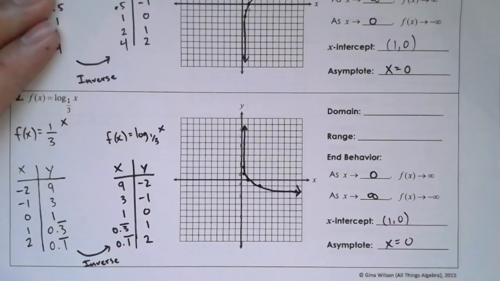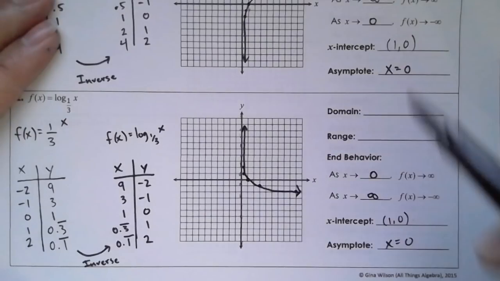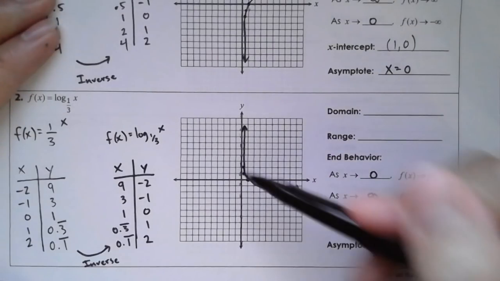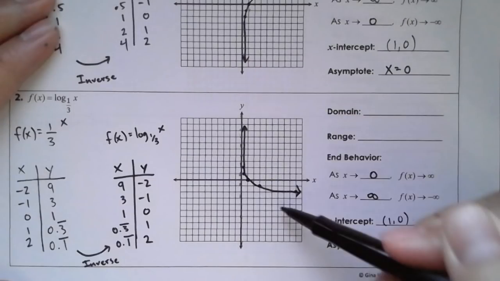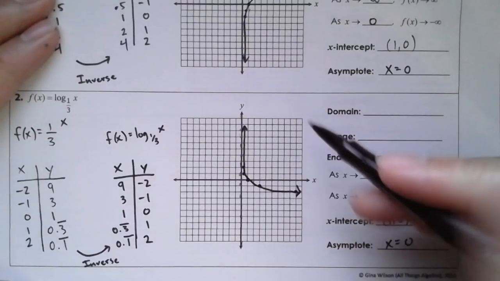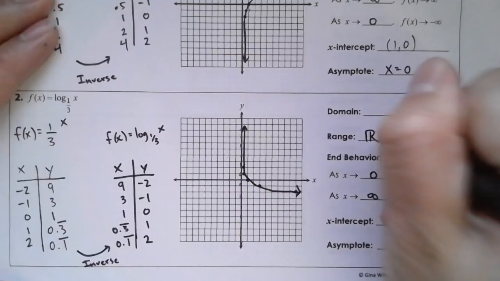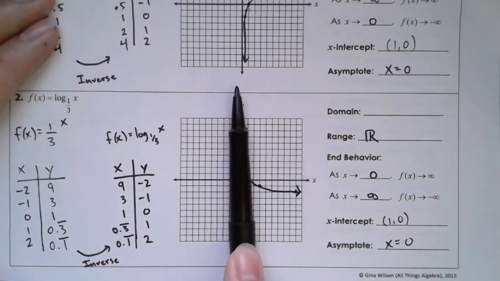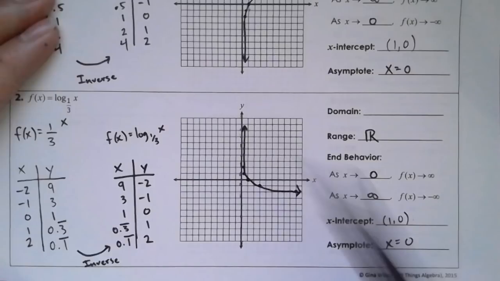My range, this function goes up and down everywhere, so all my y's, it's all real numbers. And then my domain, you can see that it's all x's from here to the right side, so all x is greater than 0.